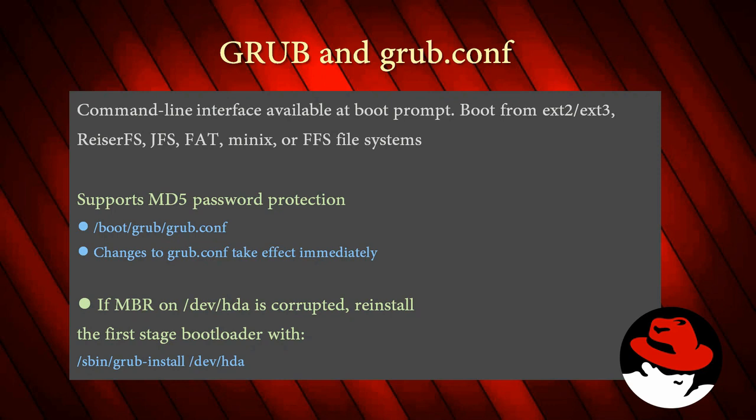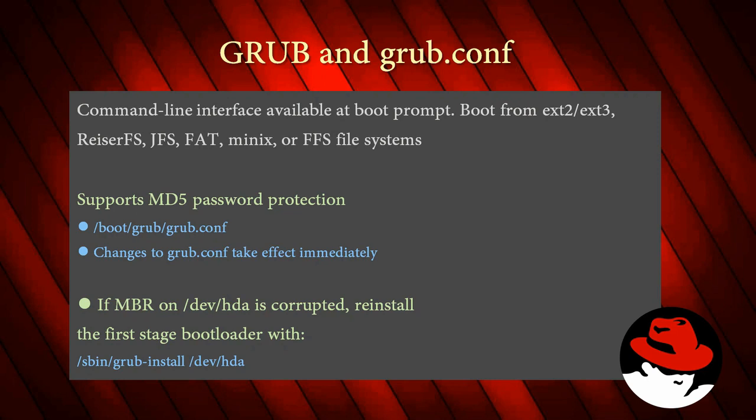You can configure GRUB with this file. You can also use the command line interface that is available at the boot prompt. You can boot from partition 2, ext2 or ext3 or various other partitions. The bootloader file could be located on a hard disk, SSD, pen drive, compact disc, and various other storage devices.